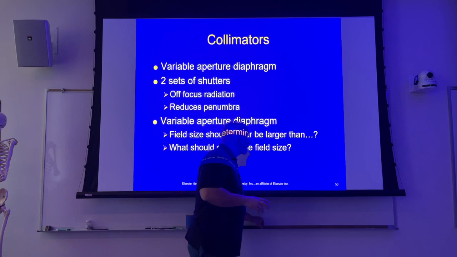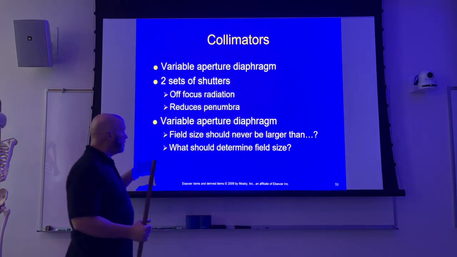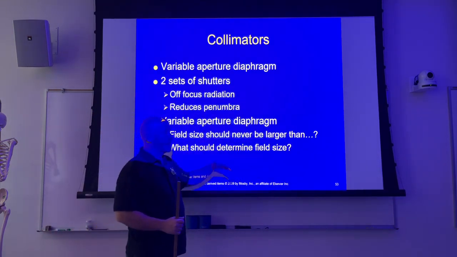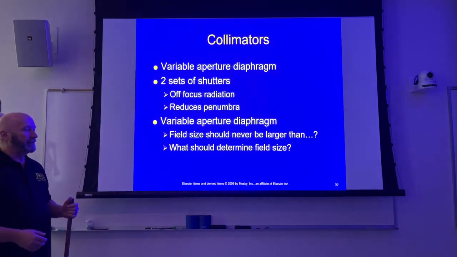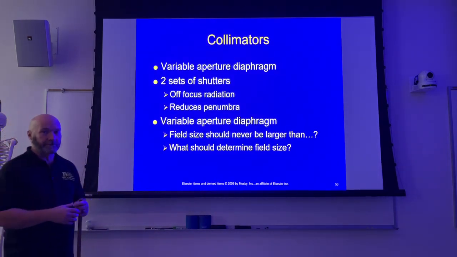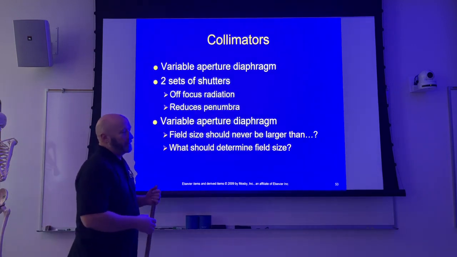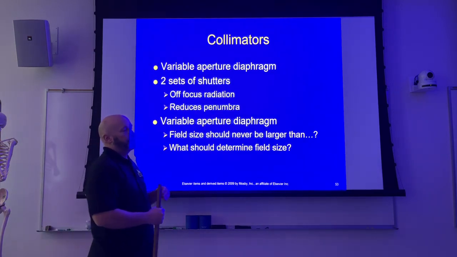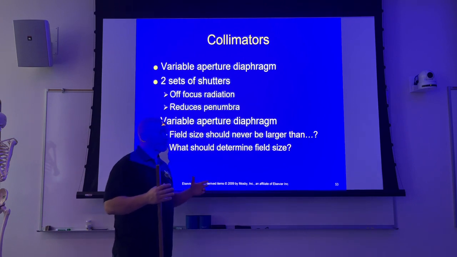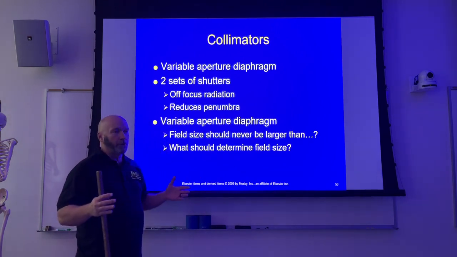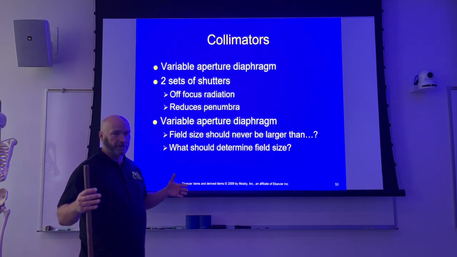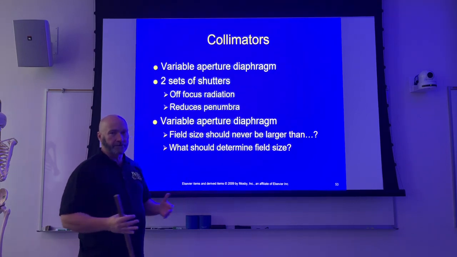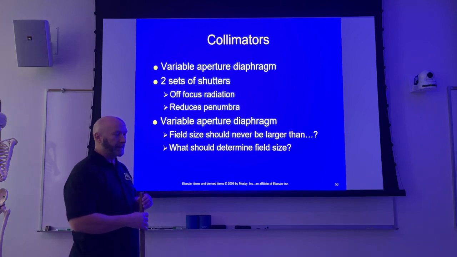So there are two rules for collimation. One is the field size should never be larger than the image receptor size. You can't record any anatomy that you expose that is larger than the image receptor size. So there's no point in exposing that anatomy.